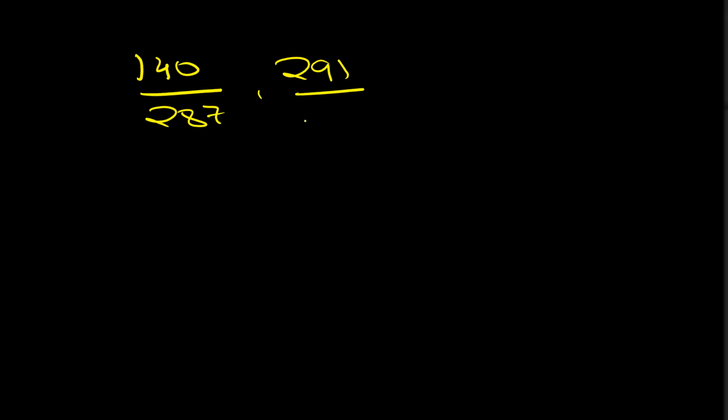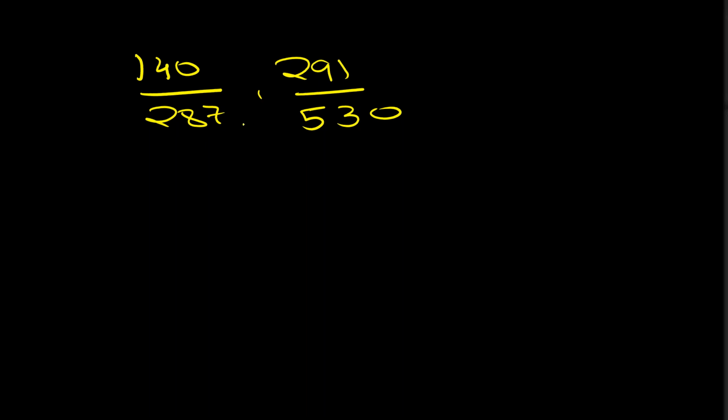How, you may ask? See here, I'm going to give one number. Here I have 140 divided by 287, comma 291 divided by 530. Now if I use the butterfly method, can I find the answer in the fastest way?